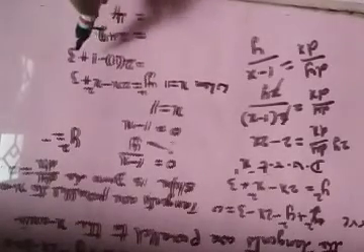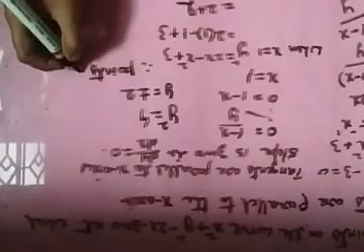Change it yourself, children. When x is equal to 1, 3 minus 1 is 2, 2 plus 2 it becomes 4. When y square is equal to 4, y is equal to what? Plus or minus 2.